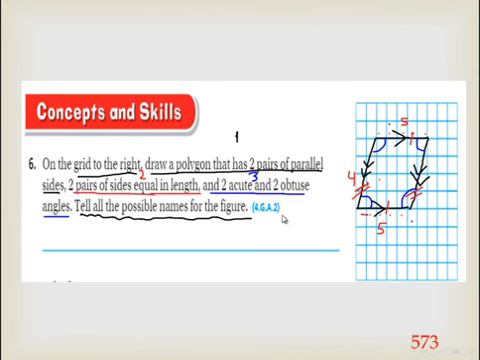Firstly, you should tell me quadrilateral. Exactly. Then, maybe what? Parallelogram. Great job.